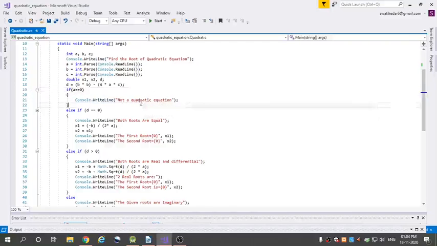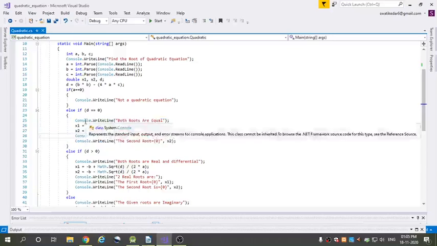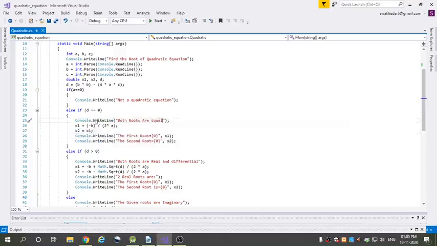After that we are checking the condition, if a is equal to 0, then it executes this code, and it prints on the console "not a quadratic equation". After that it checks for the next condition, else if d is equal to 0, then it executes this code. It prints on the console "both roots are equal", then x1 is equal to in bracket minus b divided by in bracket 2 into a, and x2 is equal to x1, means this x1 value is stored in x2.